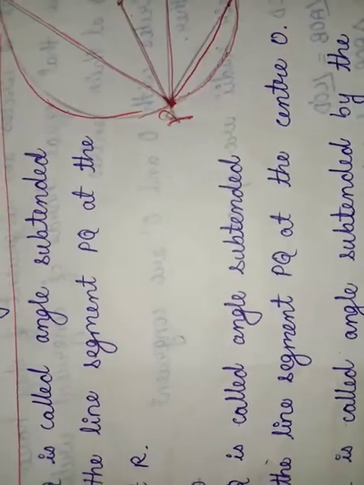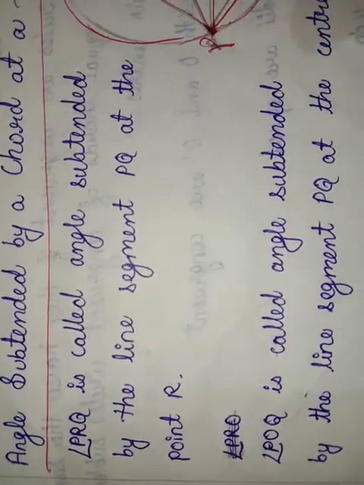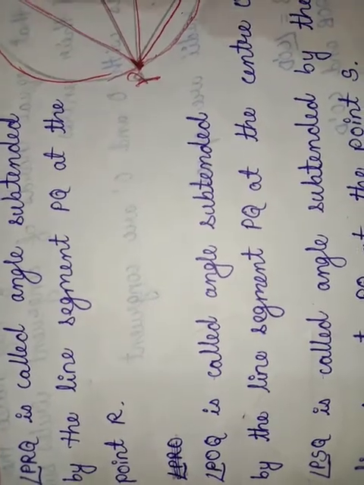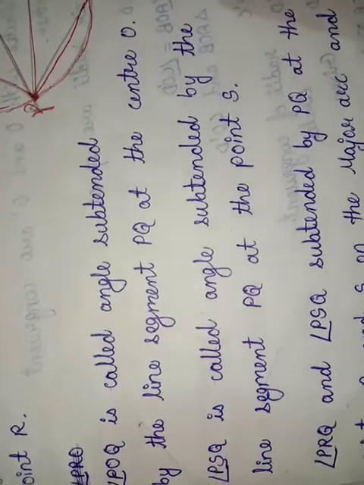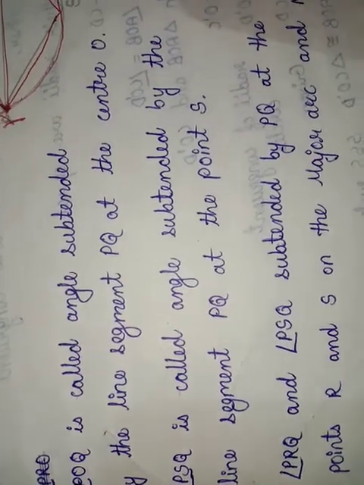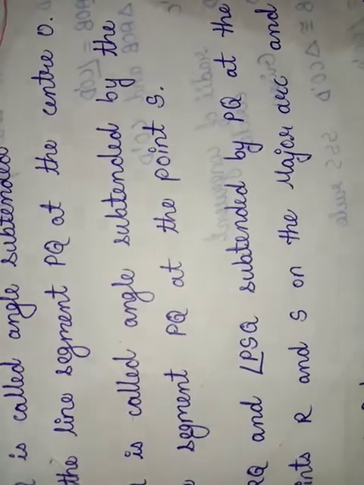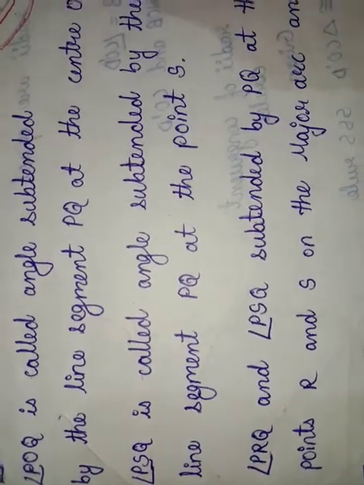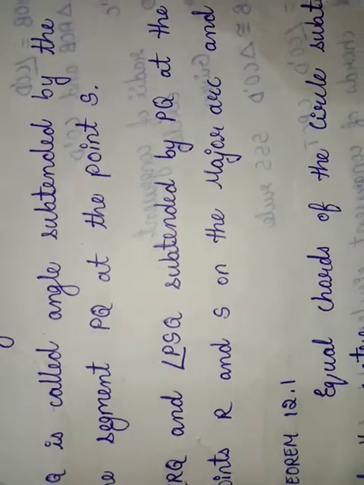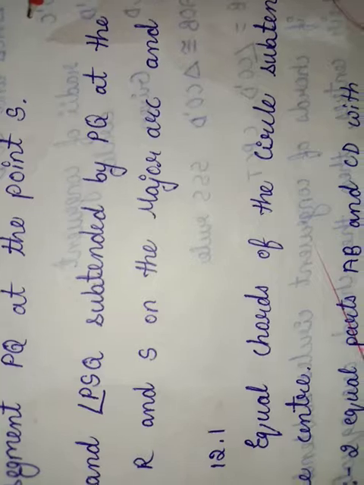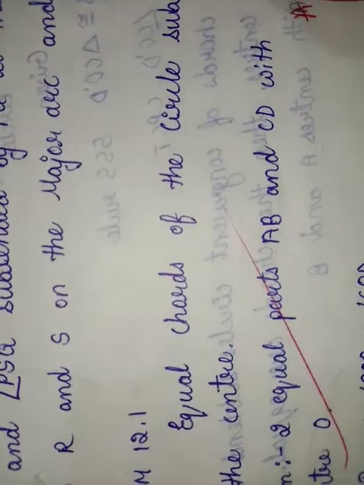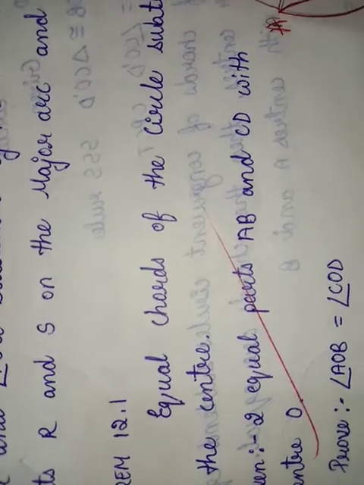So here PRQ is called the angle subtended by the line segment PQ at the point R. POQ is called the angle subtended by the line segment PQ at the center O. Then angle PSQ is called the angle subtended by the line segment PQ at the point S. Now, PRQ and PSQ are subtended by PQ at the points R and S on the major arc and minor arc.